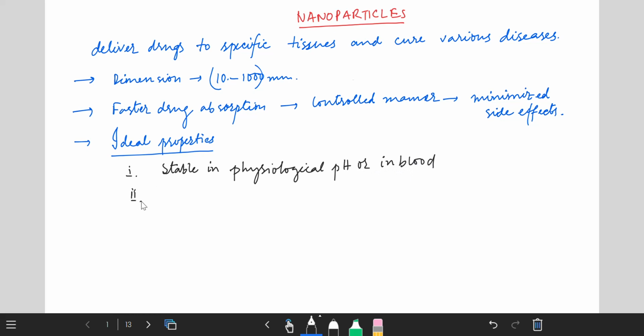The second one, it must be biodegradable. And the third one is non-toxic to living tissues.